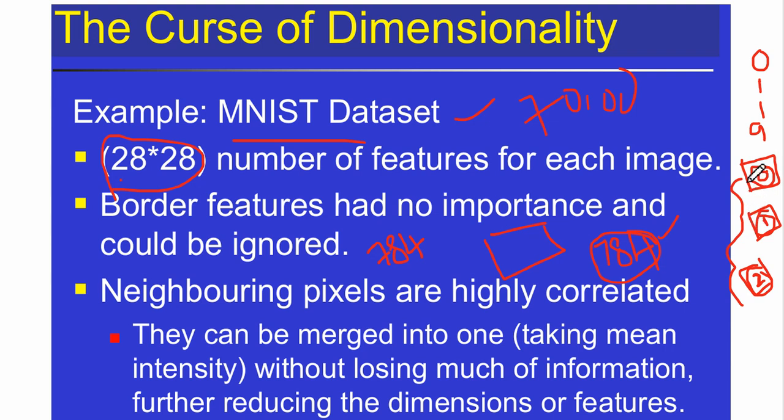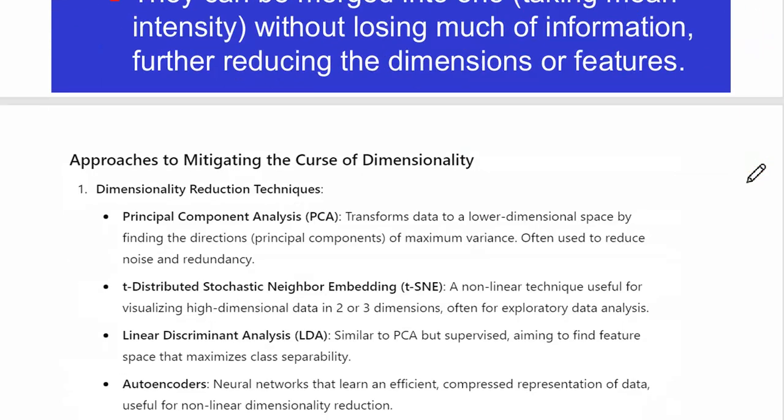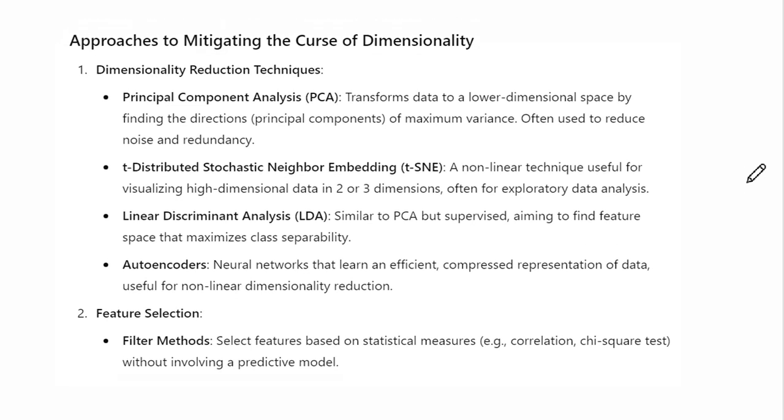That means if you remove those border pixels, there is a chance of reducing the dimensionality. That is one approach to reducing the dimensionality. If you reduce the dimensionality, it may be easier to visualize and draw conclusions from the data set. That is one example of the curse of dimensionality.